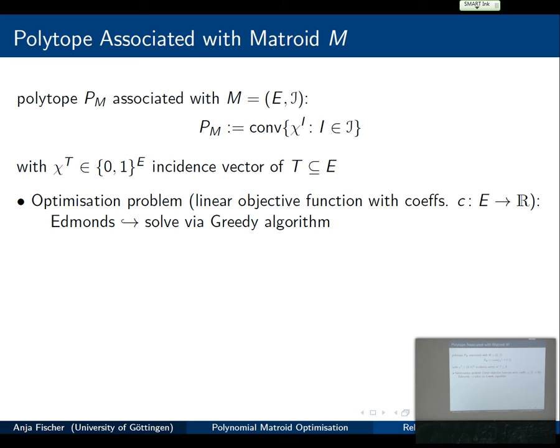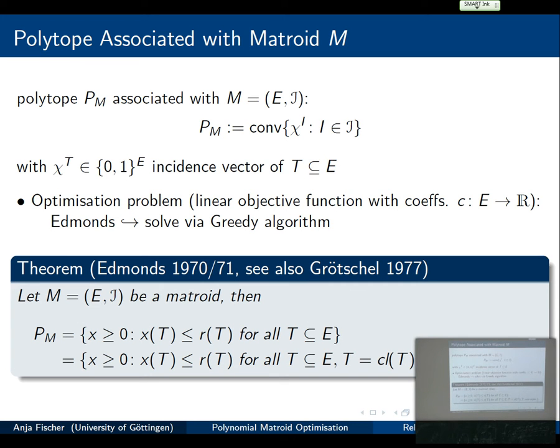The polytope is well understood, and Edmonds proved that we just get our polytope if we have the non-negativity constraints and the so-called rank inequality. And we even know a bit more, so we really have a nice characterization of our facet structure. Indeed, we just need the closed sets, and we only need the non-separable sets T. And we will see how this extends then to our nonlinear setting.